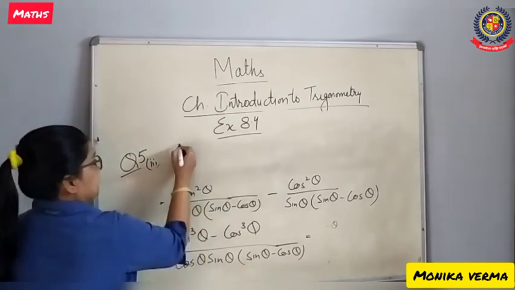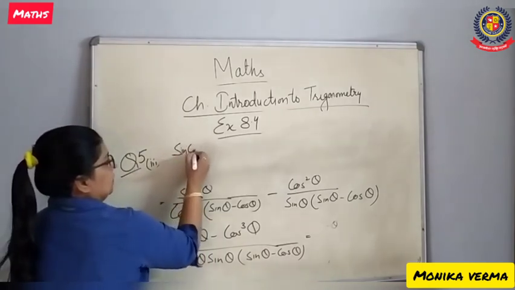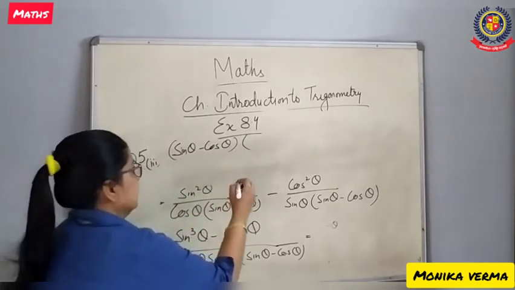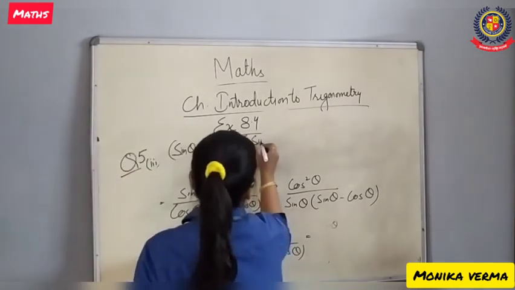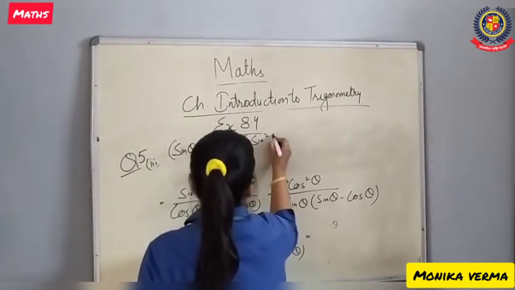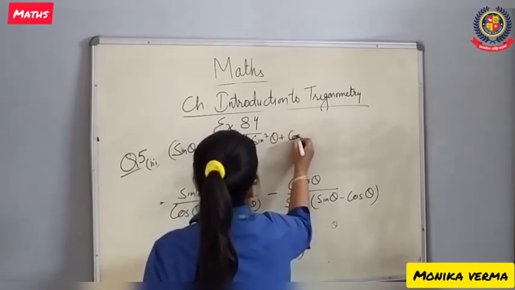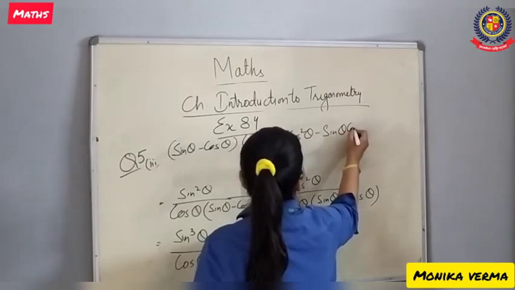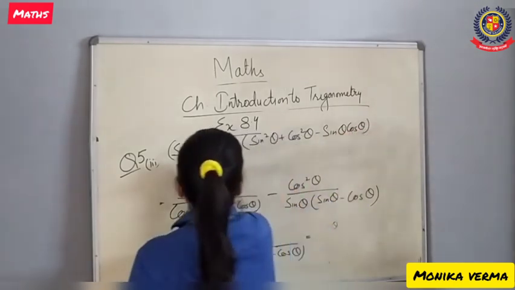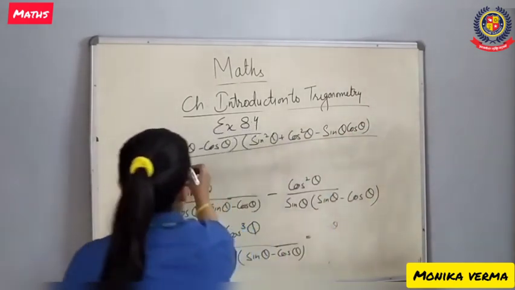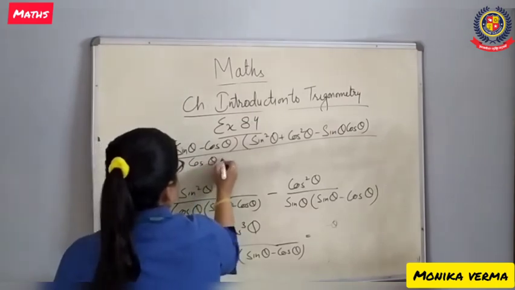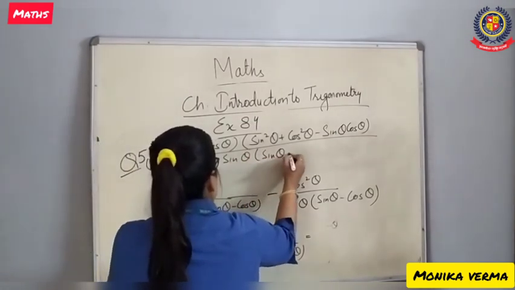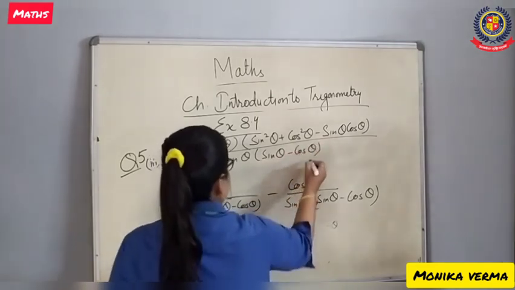Our identity is (sin theta minus cos theta) times (a square plus b square plus ab) upon cos theta sin theta (sin theta minus cos theta).